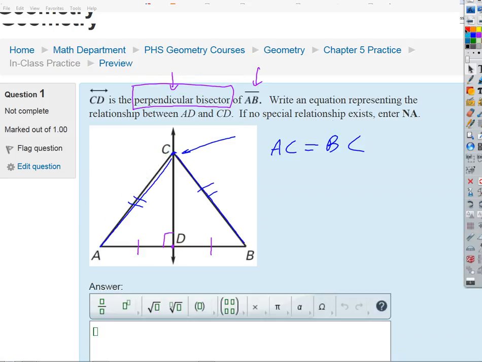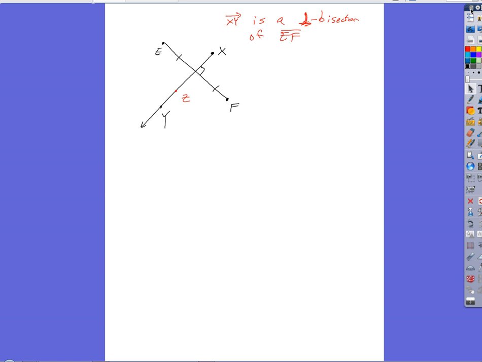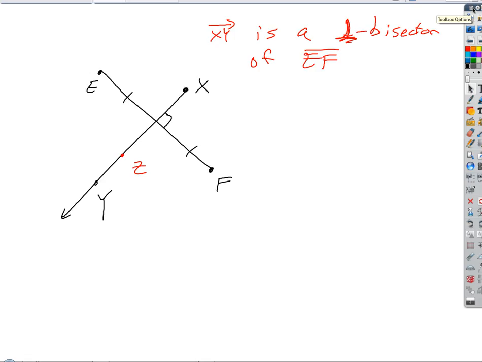So C, we said, was on the perpendicular bisector of AB, and so it had to be equidistant, meaning same distance from the endpoints of the segment. So what's true here? It's on the perpendicular bisector of the segment EF. Yeah, so Z is the same distance from what two points? E and F. Yeah, right?